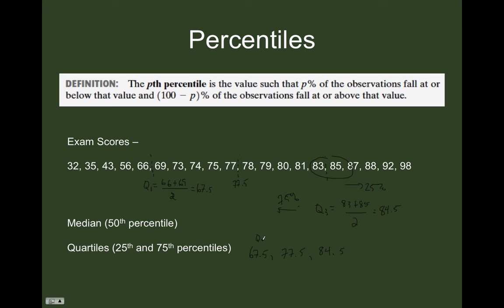This is Q1, this is Q2, this is Q3. We also happen to call Q2 the median, but notice they're quartiles because these 3 numbers divide the data into chunks that are each 25%, or quarters, of the original data set. So that's where that word and idea, quartile, comes from.